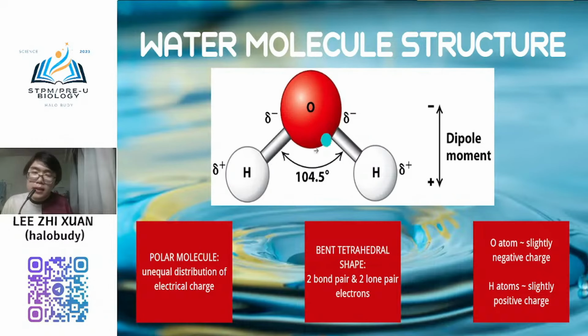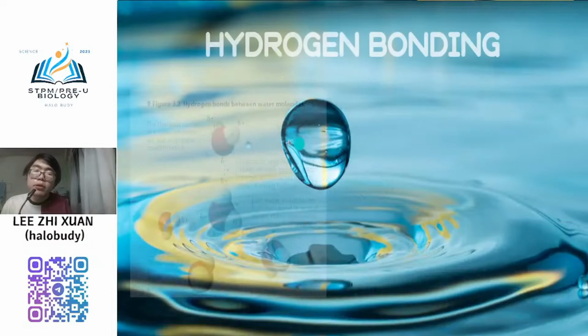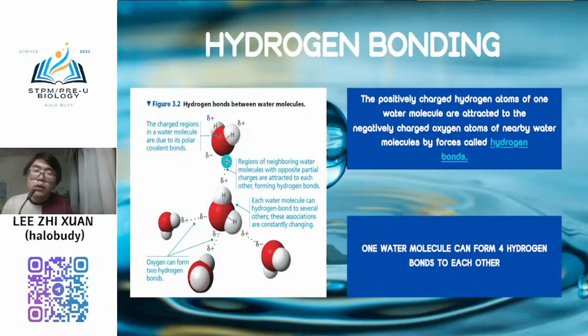Covalent bond is the bond within the water molecule: one water molecule structure contains two covalent bonds. Hydrogen bond is the bond formed between different water molecules. So this is the first water molecule and this is another water molecule, and they can form a hydrogen bond between the hydrogen atom and the oxygen atom.